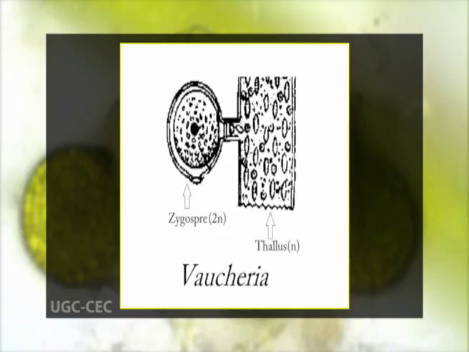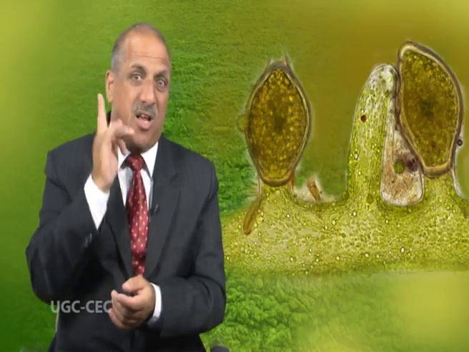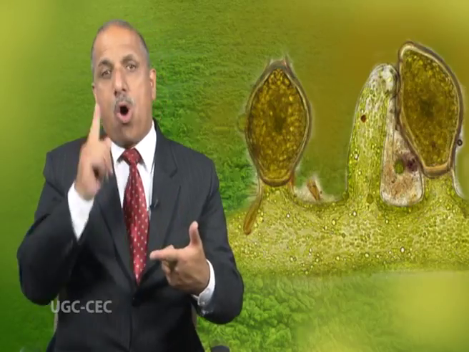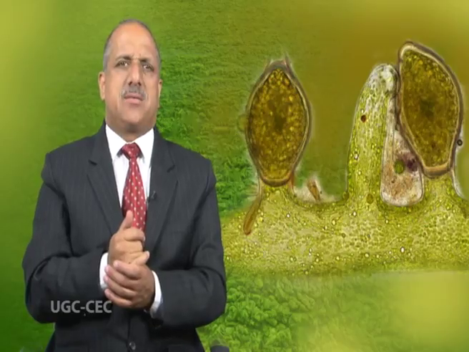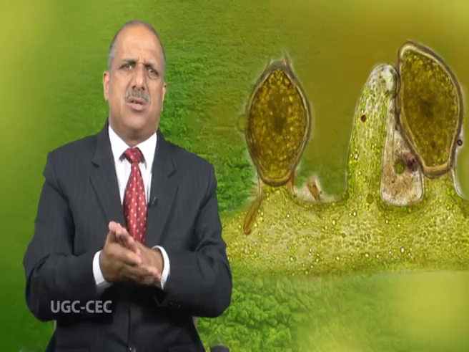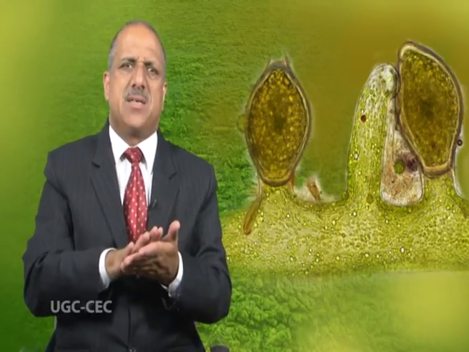The zygote secretes a 3 to 7 layer thick wall. You must remember here that when conditions are unfavorable, the alga has the ability to pass through them through the formation of either akinetes or zygospore. Even if a pond dries up or the temperature conditions change, zygospores or akinetes remain persistent.